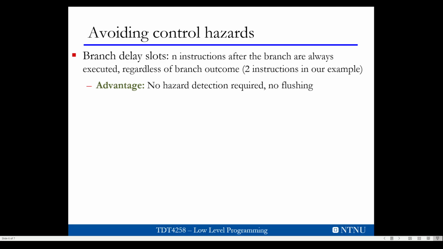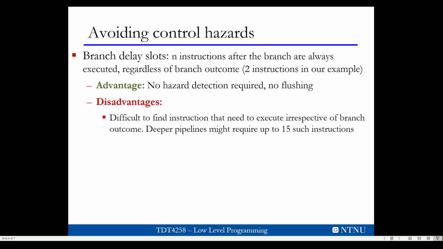So the advantage is we do not need any hazard detection, and we do not need any flushing if we can do this. The problem is it's really difficult to find such instructions. And this is a very simple pipeline, just a 3-stage pipeline. When your pipeline becomes deeper, it becomes even more difficult to find instructions because now you need more spaces to fill up.